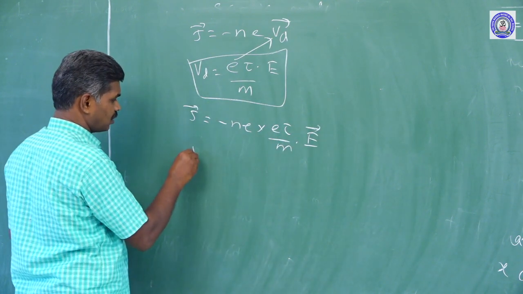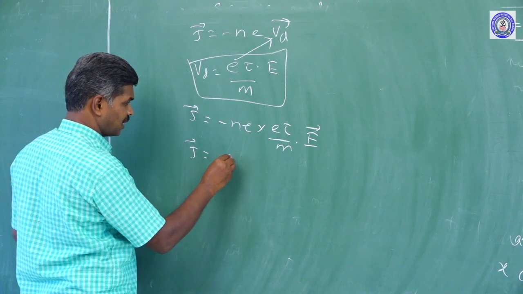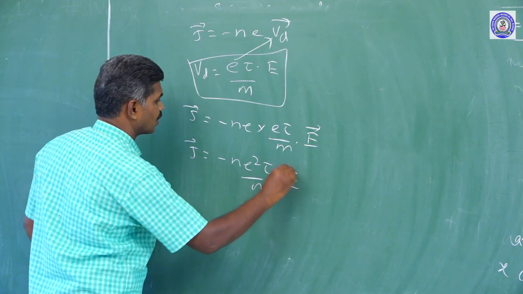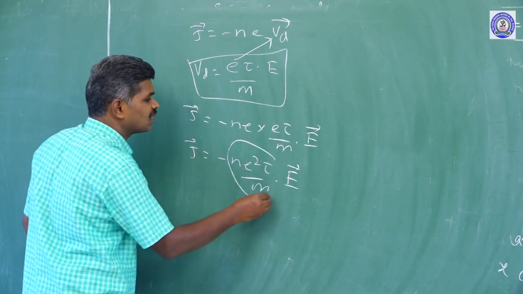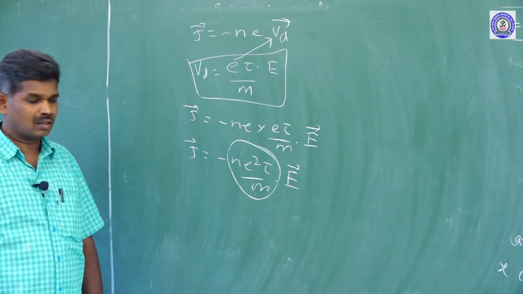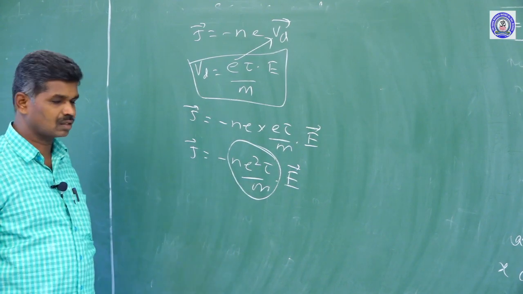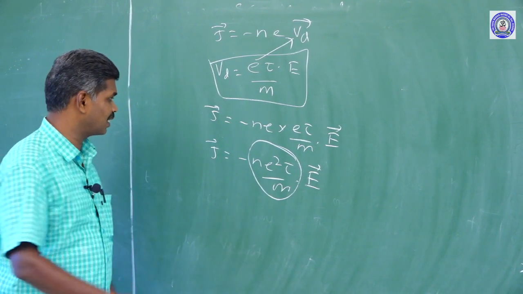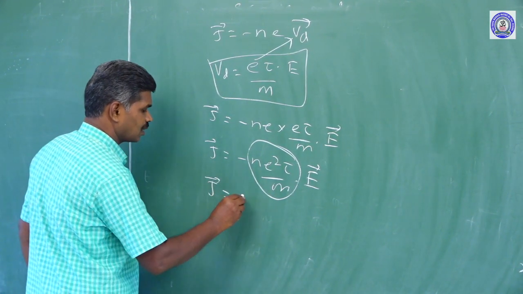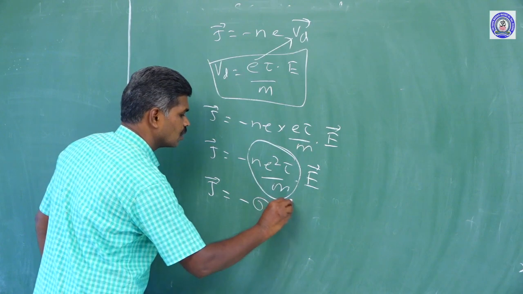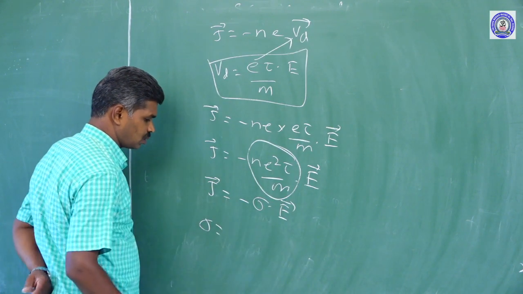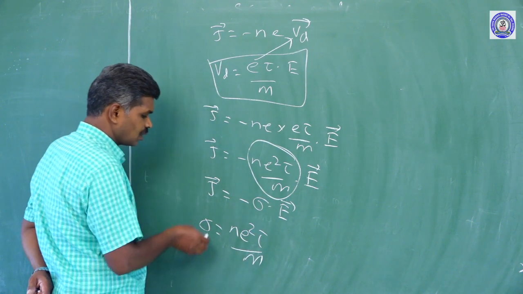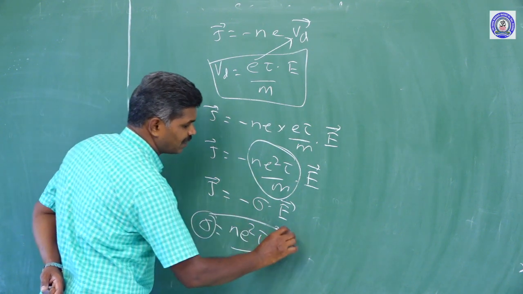Merging it, J vector is equal to minus n e squared tau by m into E vector, and all of this is constant at a given temperature. That may be symbolized as sigma, called conductivity. J vector is equal to minus sigma into E vector, where sigma is equal to n e squared tau by m.